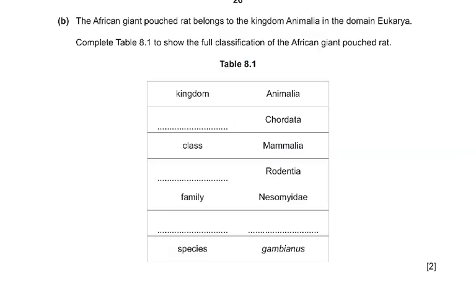The African giant pouched rat belongs to the kingdom Animalia in the domain Eukarya. Complete Table 8.1 to show the full classification of the African giant pouched rat. Now that was easy. This would be phylum, class, order.